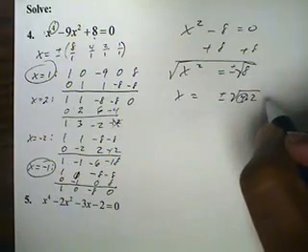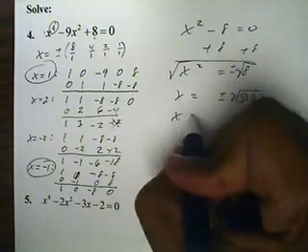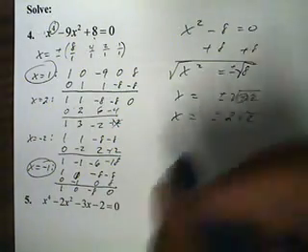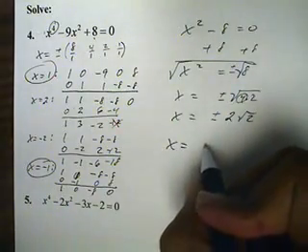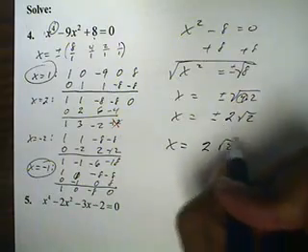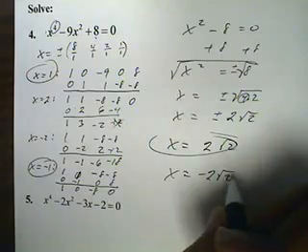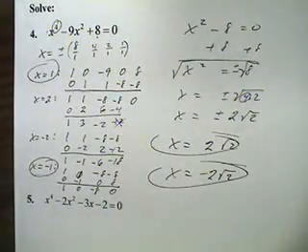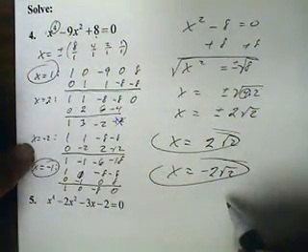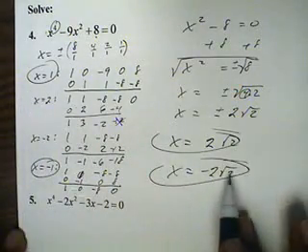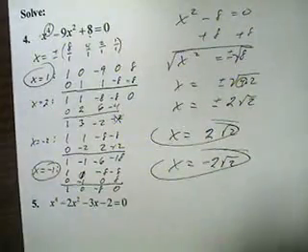The perfect square is 4. So this becomes plus or minus 2 square root of 2. So my other answers are 2 square root of 2, that's my third answer. And x equals negative 2 square root of 2, and that's my fourth answer. So those are my 4 solutions: 2 rational solutions and 2 irrational solutions.